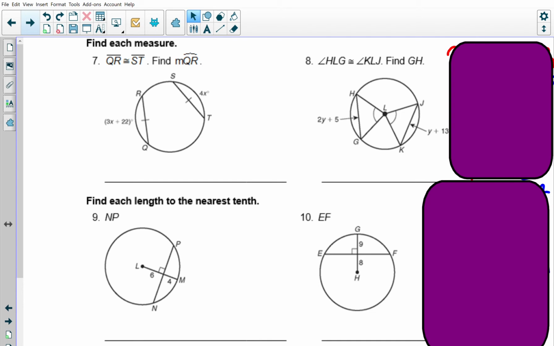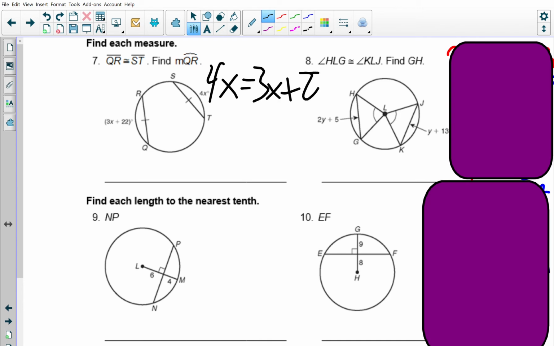All right, here we go with chords and the arcs that they intercept. They tell you that line segment QR is congruent to line segment ST, so they must be equal in measure. Therefore, these algebraic expressions must be equal in measure. 4x has to equal 3x plus 22.